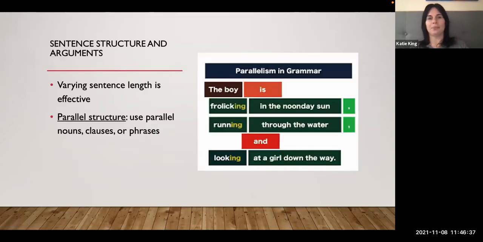All right. Now let's talk about style in terms of sentence structure in arguments. Varying your sentence length is effective, meaning if you're a person who tends to write very short, simple sentences, try to mix it up a little bit by adding some more complex or compound sentences in there.